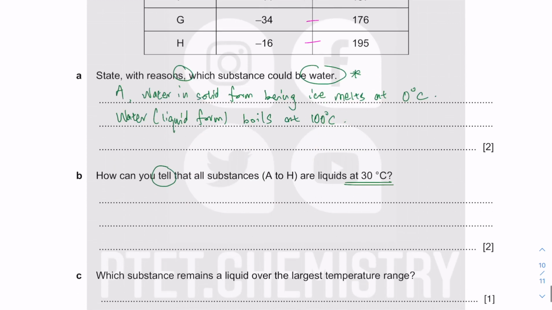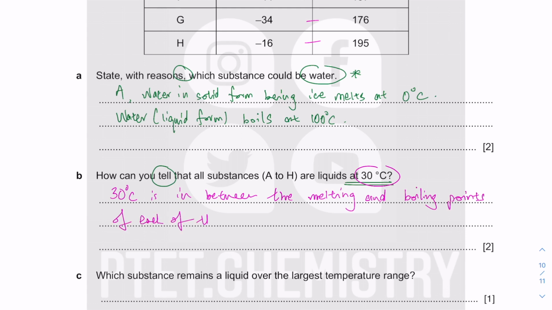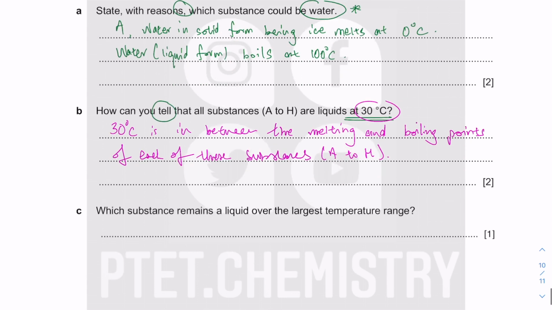Therefore, all of these must be liquid at 30 degrees Celsius. So I'll start off with: 30 degrees Celsius is in between the melting and boiling points of each of these substances A to H, therefore it must be in the liquid state.